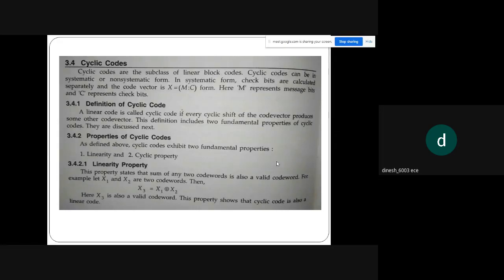So the definition of the cyclic code is that a linear code is called a cyclic code if every cyclic shift of the code vector, we'll see what that cyclic shift is, either on the left hand side or the right hand side, whatever might be, produces some other code vector.